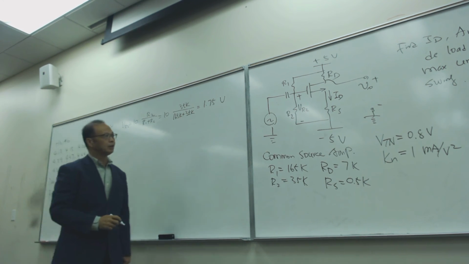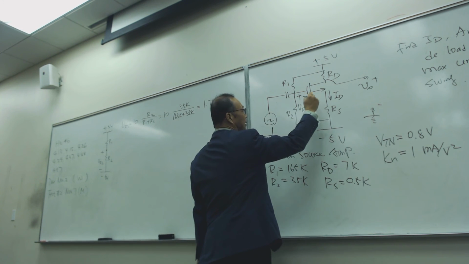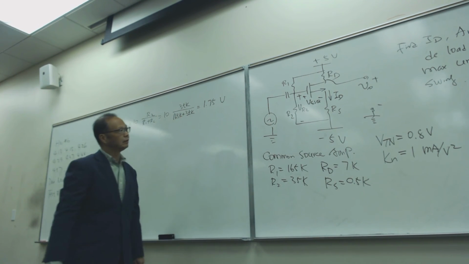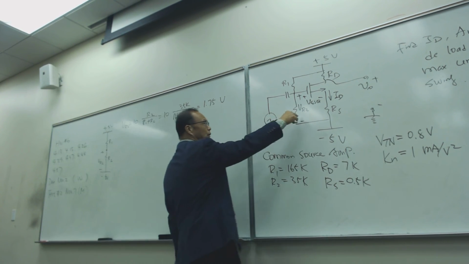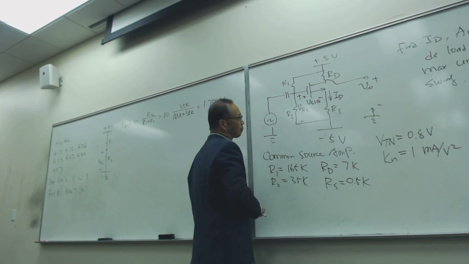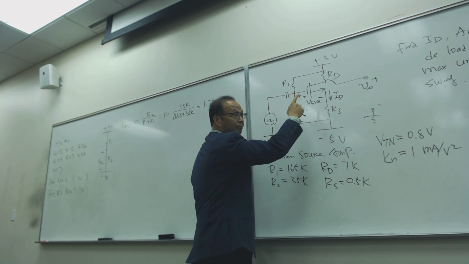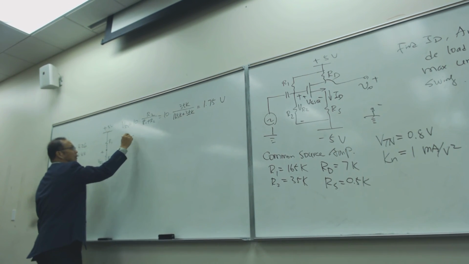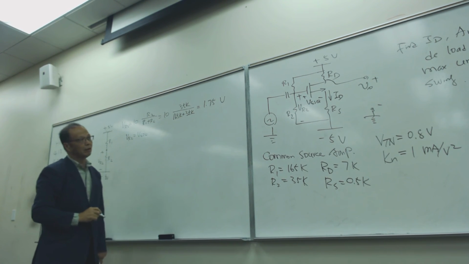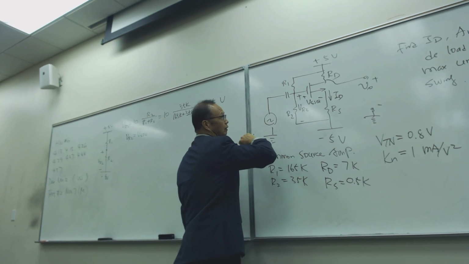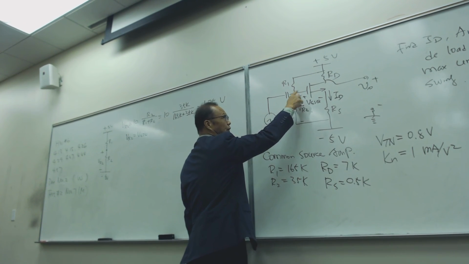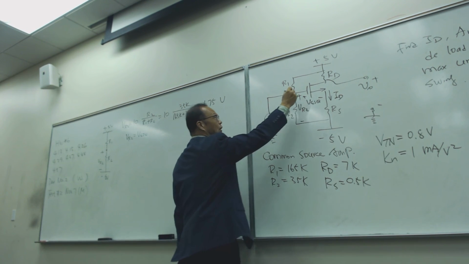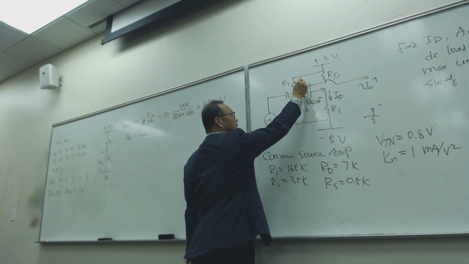Okay, now you see there's a loop. Right, this is VGS, right? It's called Q point, right? So all you have to do now is you go around the loop. KVL, right? So VR2 equal to VGSQ, yes? There's nothing here, huh? But even if you have a resistor, there's no voltage drop because the current is 0, right?